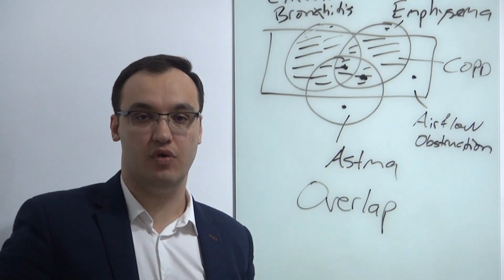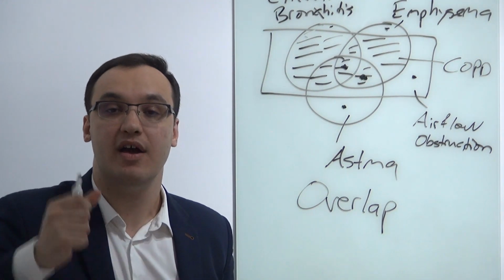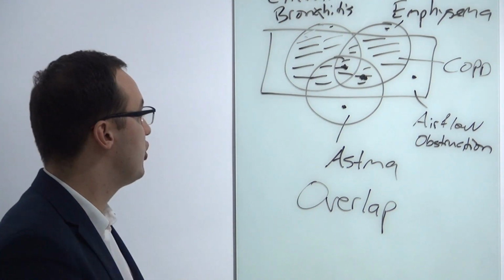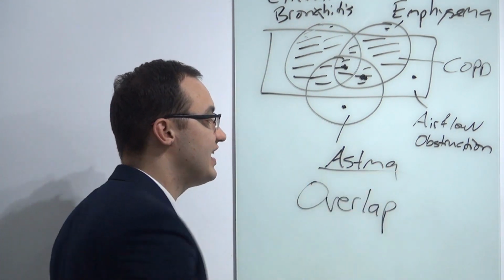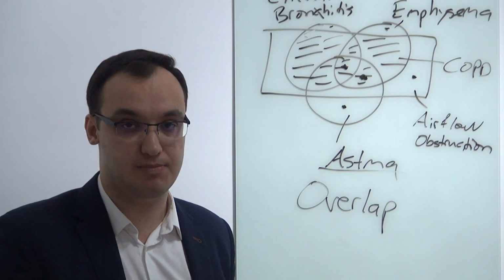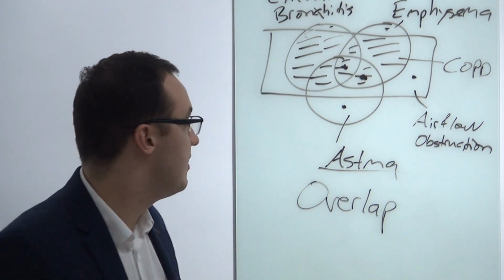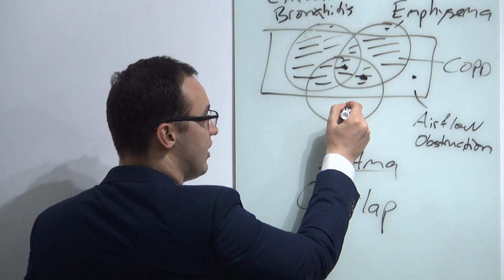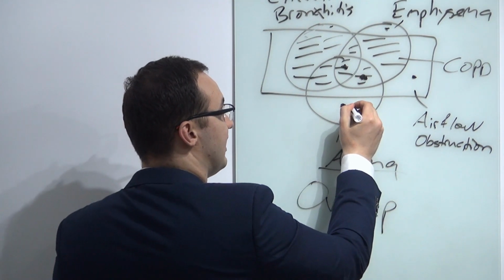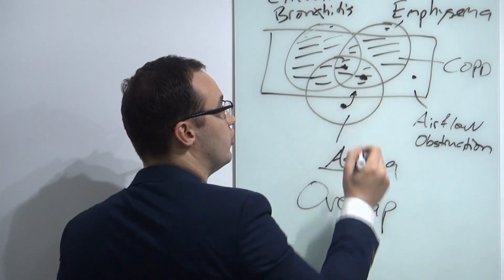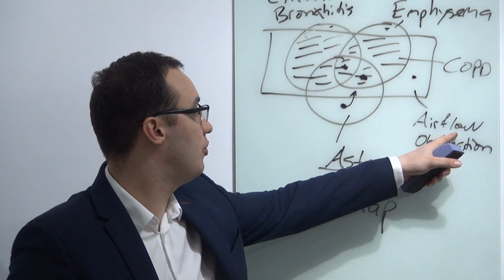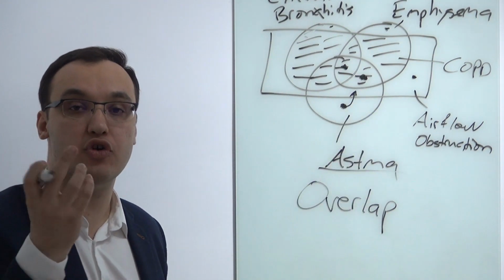That's the definition of COPD. You have a persistent airflow obstruction, because asthma, the definition of asthma, is that we have a reversible obstruction. This means that an asthma patient that is here at the moment can get into this part, which means he can get worse, and then he gets an airflow obstruction, but only reversible.